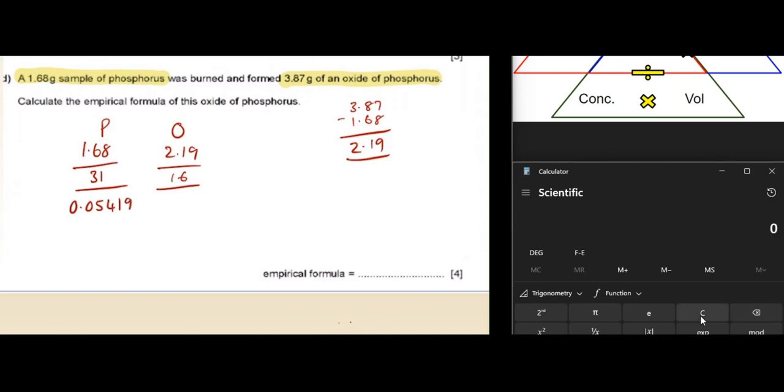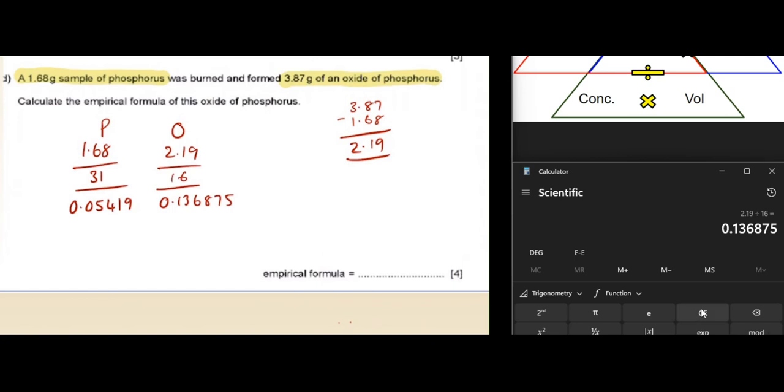And we will do 2.19 divided by 16. That gives us 0.136875. Remember, in empirical formula, try and keep as long a calculator value as you possibly can.